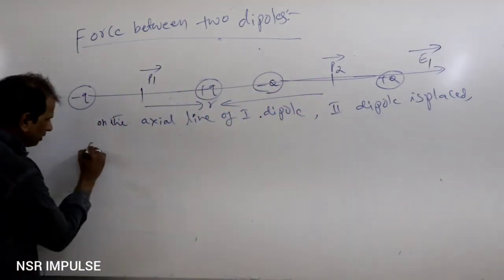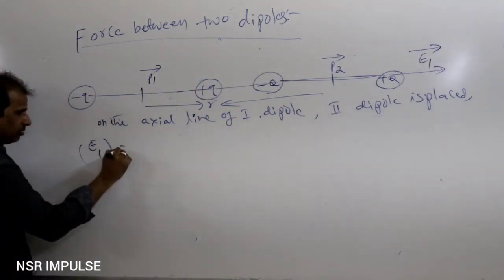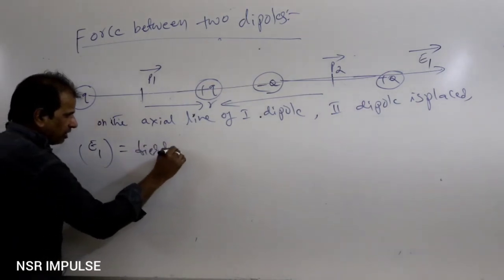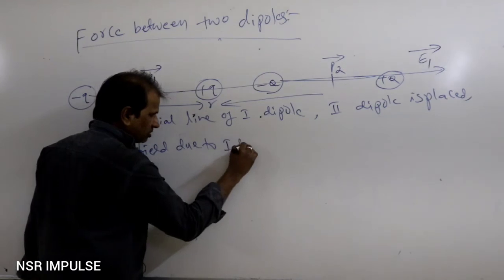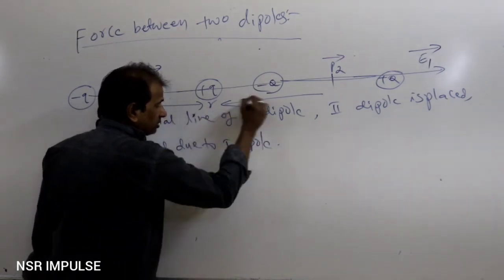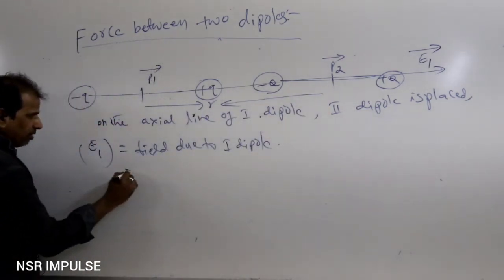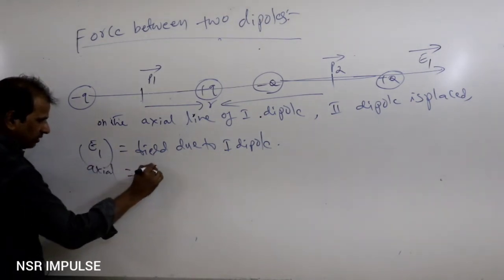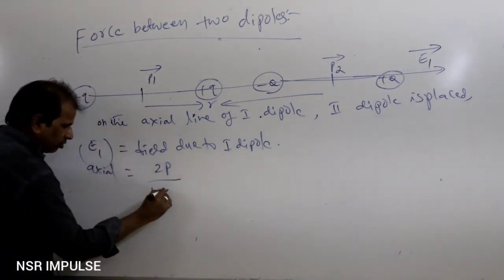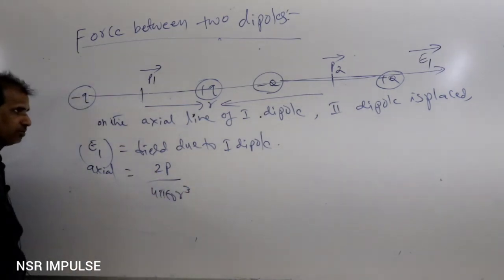E1 means the field given by the first dipole at a distance r on the axial line, which is 2p by 4 pi epsilon naught r cube.